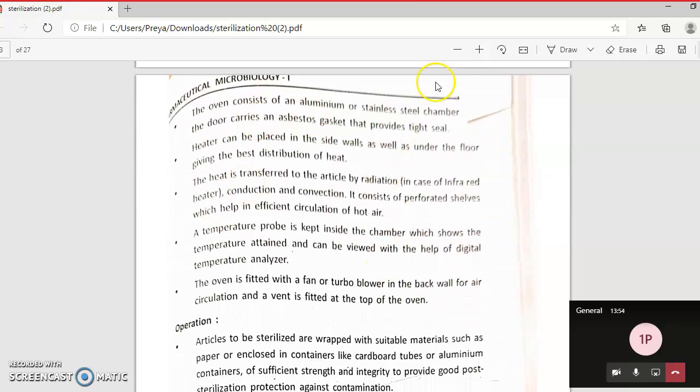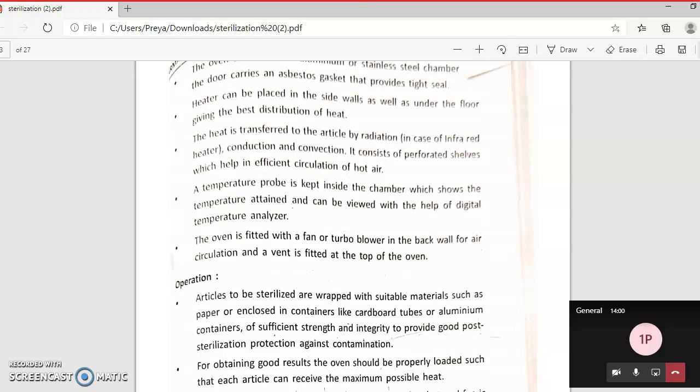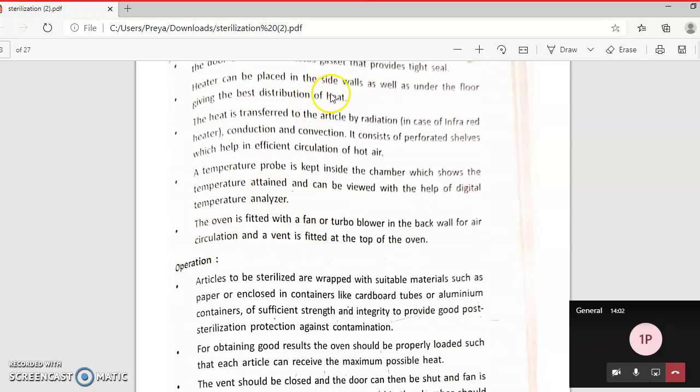Now this is all we have discussed: stainless steel chamber, asbestos gasket, heaters on the side walls, okay? Heat is transferred to the material by conduction and convection. What is the mode of heat transfer in the hot air oven? You can say it's conduction and convection, okay?